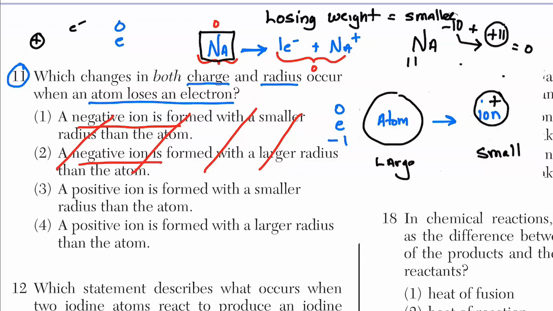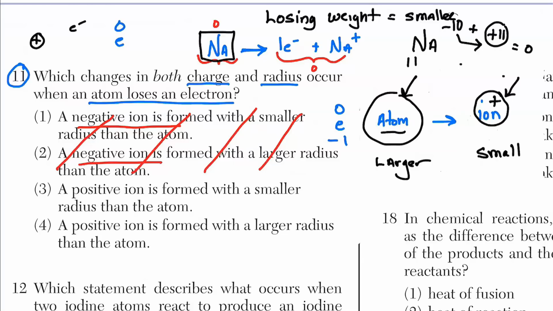And they use this terminology: the ionic radius, the size of the charged atom or ion, is smaller than the atomic radius, the size of the atom that's neutral.